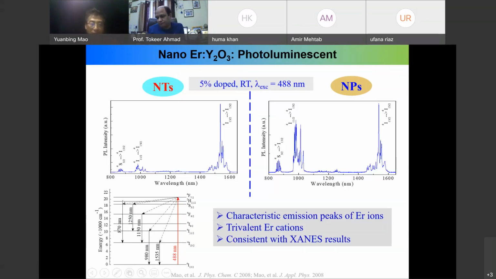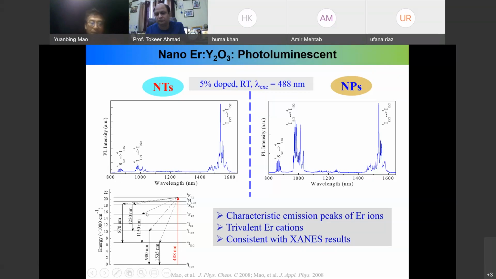So here you see this is related to 870 nanometers, right? Related to this transition here, and then this one, and then 980 nanometers as well. So in this region, you can see 1150 is somewhere here. There are some very small peaks.